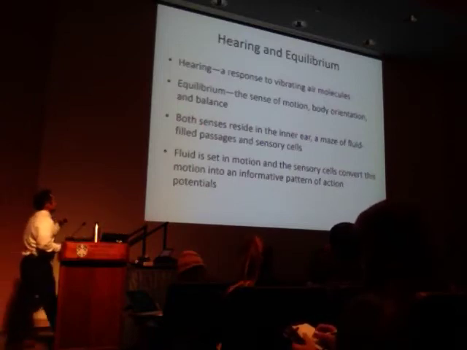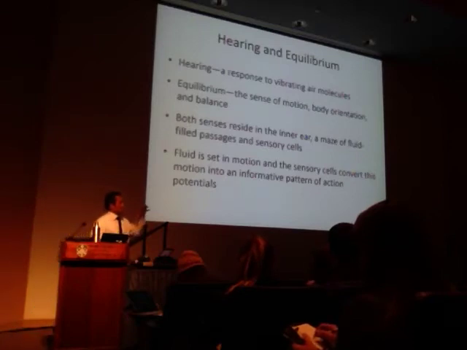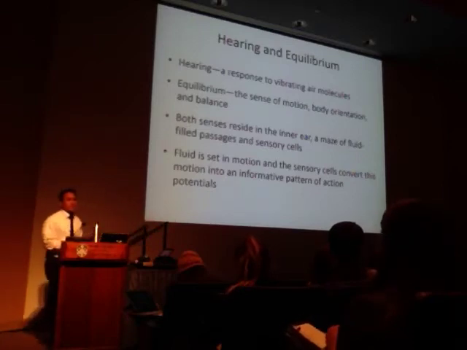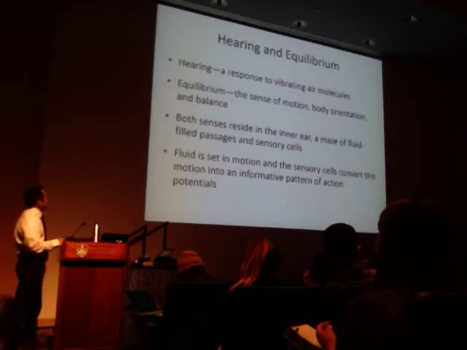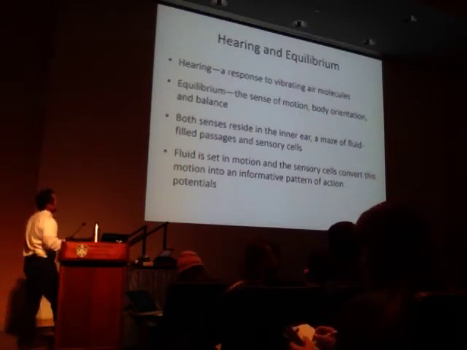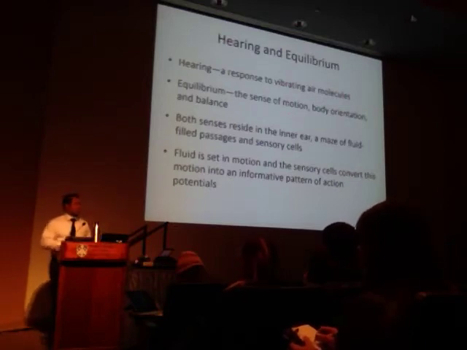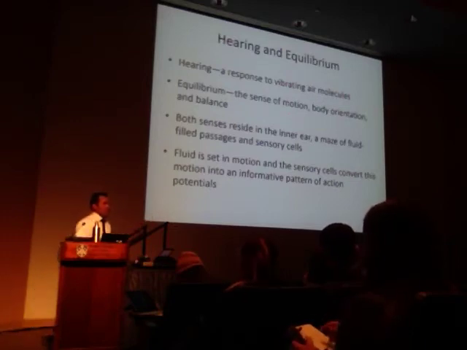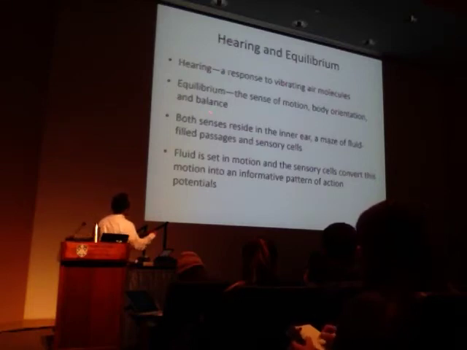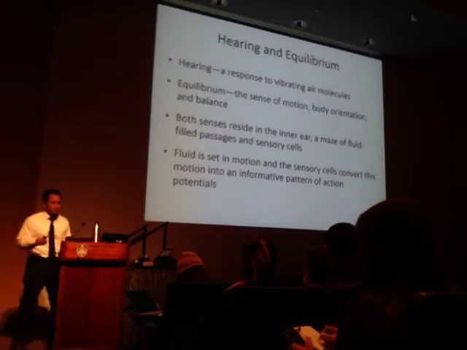Because hearing is a unique special sense, and equilibrium is a second unique special sense. Equilibrium is the sense of motion or body orientation and balance. So this is actually more proprioception, not mechanical. I misspoke. Both of these senses reside in the inner ear.